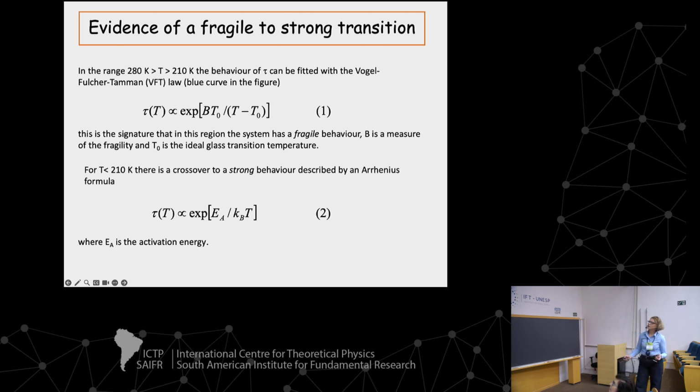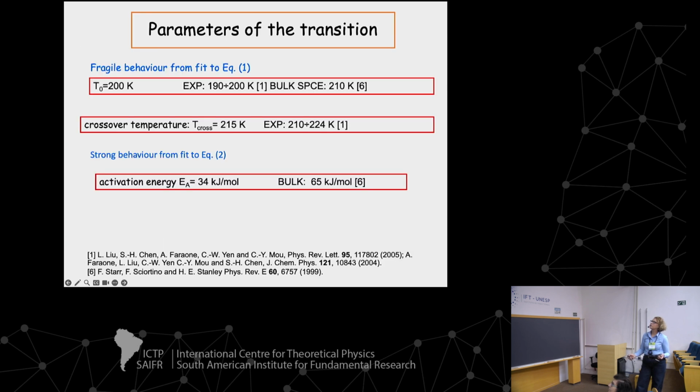And then in the stronger part, we have the typical activation energy. These are the parameters of the transition, and this is the experimental part that found in 2005 and 2004 the same parameters, but they were telling them that it was confined, that they were not true. That's why we ran this simulation to confirm this experiment.